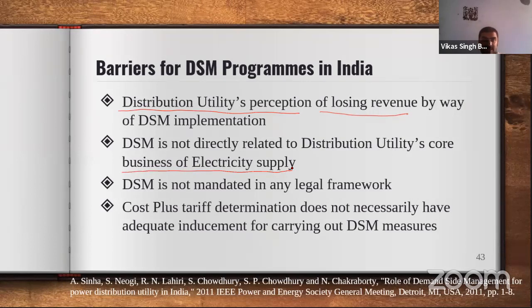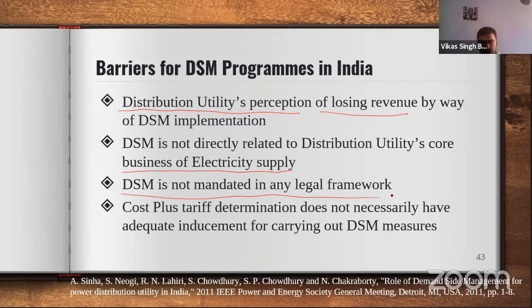That's why it is mentioned in the implementation framework that cost benefit analysis has to be done. If that cost benefit analysis is there, then the utilities will be more aware of the DSM programs. Then DSM is not mandated in any legal framework.